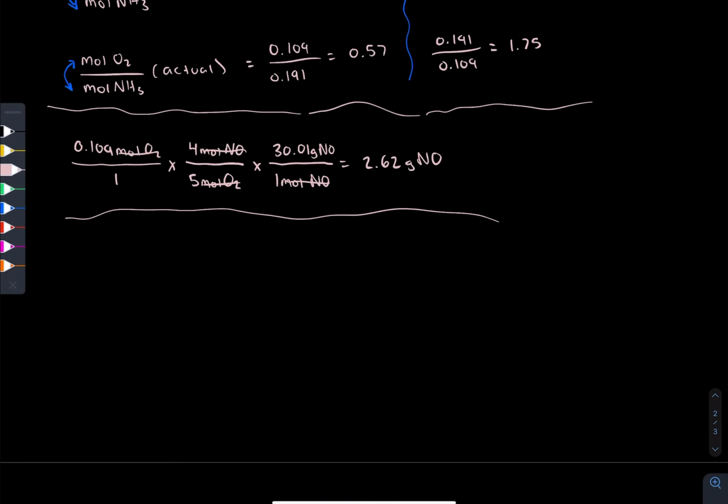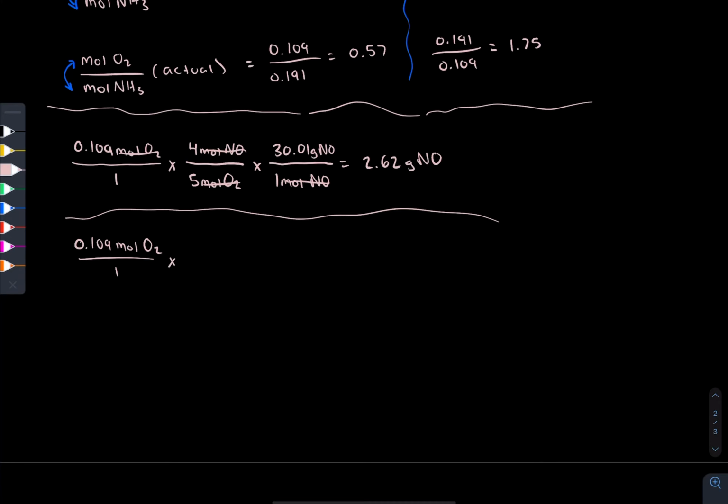So we need to start off with 0.109 moles of oxygen. Put that over 1 because this is our limiting reactant. We want to figure out how many moles of NH3 are used when this is used up all the way.